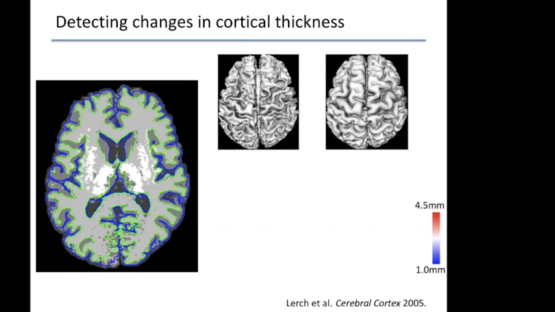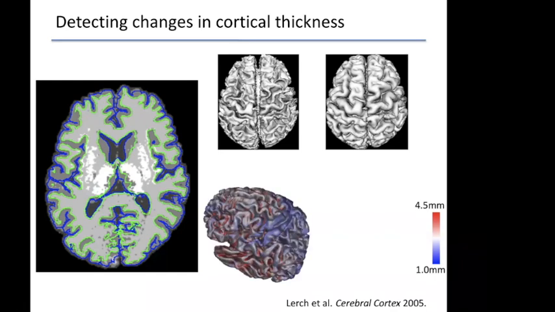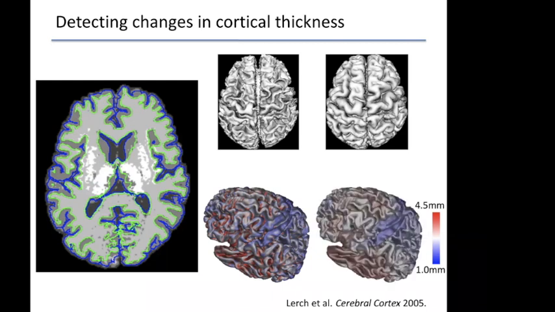And then each of the points on each of these surfaces has a neighbor from which you can measure with your digital ruler what the distance is between the white matter and the homologous gray matter coordinate in the peel surface. And by doing so, you can get a cortical thickness map that looks like this, where red means higher cortical thickness and blue means lower cortical thickness. And once you've done that, you can blur that a little bit so you can subject it to statistical testing later on.